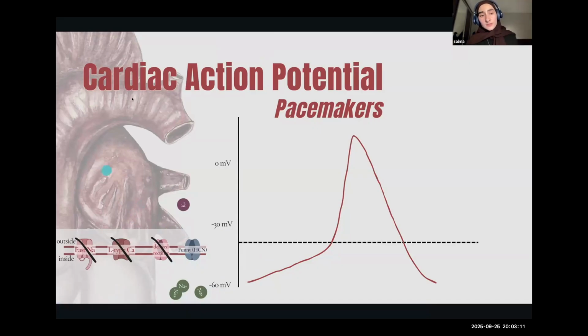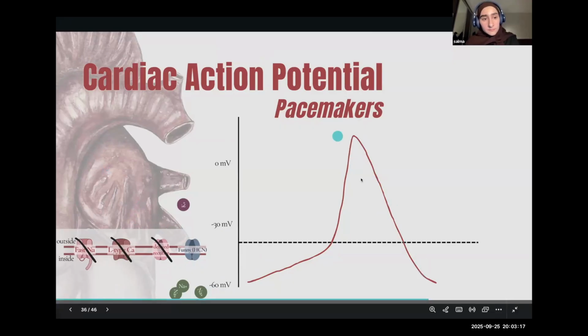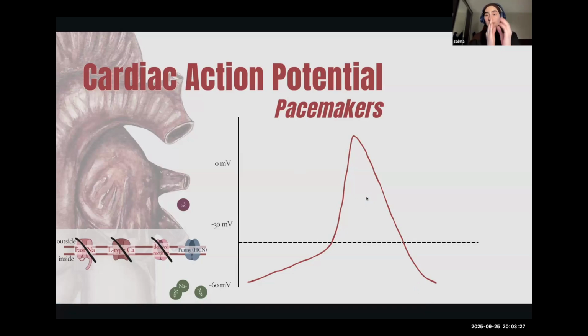Why did it drop? Are you asking about this part? Yeah, this part drops because of potassium. Funny channel causes the funny current. Funny current is just when the ions are flowing. That's called current. Channel is the actual channel, and the movement of the ions is called the current.